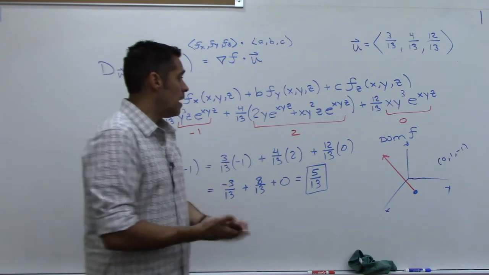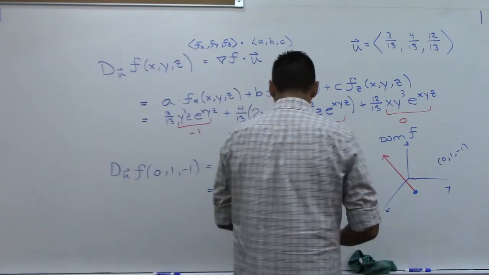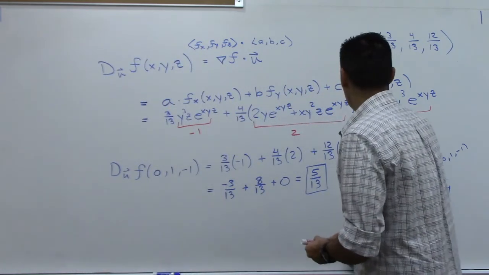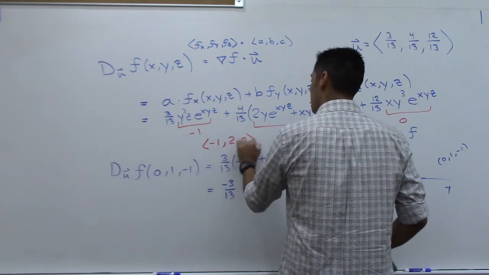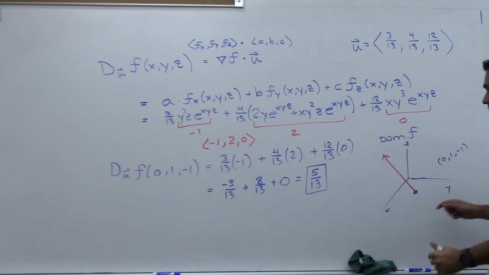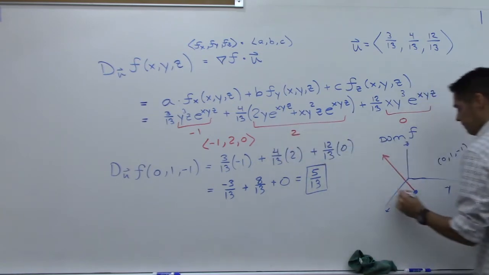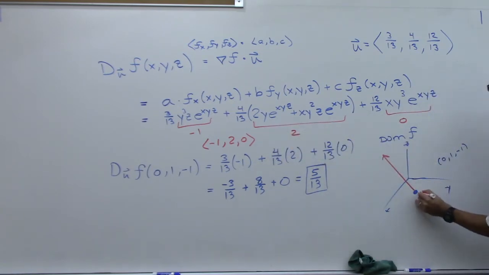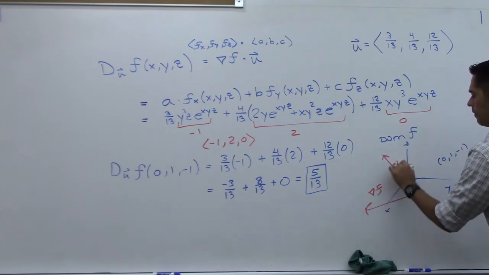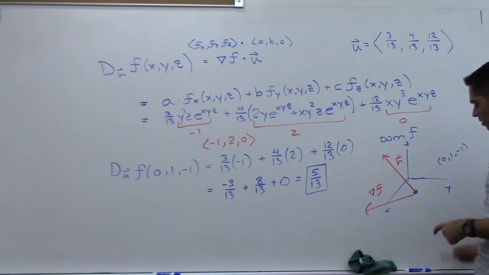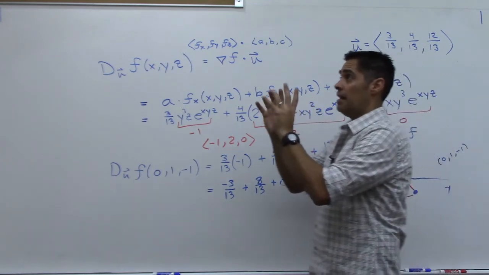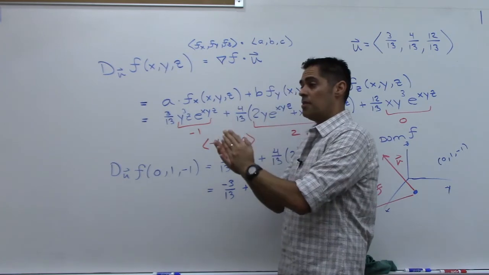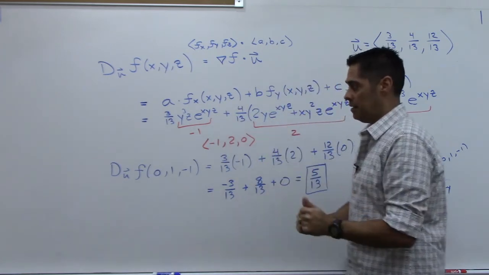Now, if I were to follow the gradient vector, which was the vector -1, 2, 0, if I actually stand at this point and go in the direction of this, which is some other direction, then what I can tell you is if I start moving in that direction, the function itself that I can't see will be increasing at its highest rate.